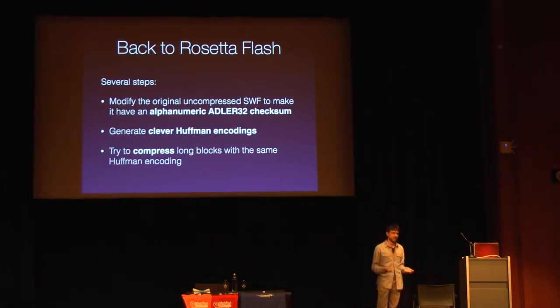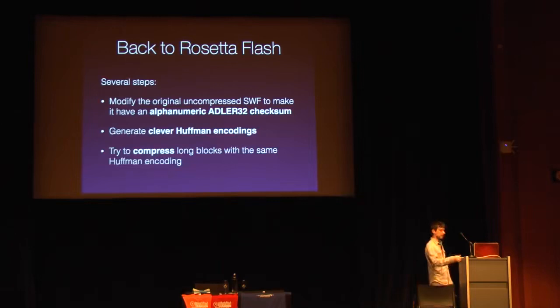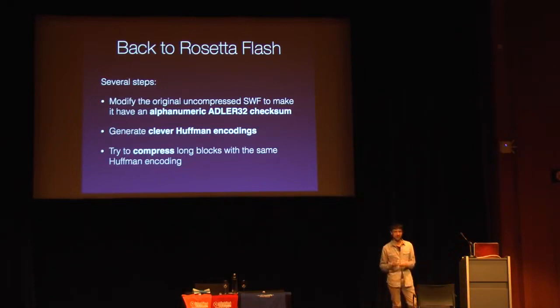This is already a bit weird. But not only that, we also have 2 main problems: creating tables that work, so they guarantee that the output is alphanumeric, and making sure that the checksum itself is alphanumeric. The checksum is of the uncompressed Swift file.